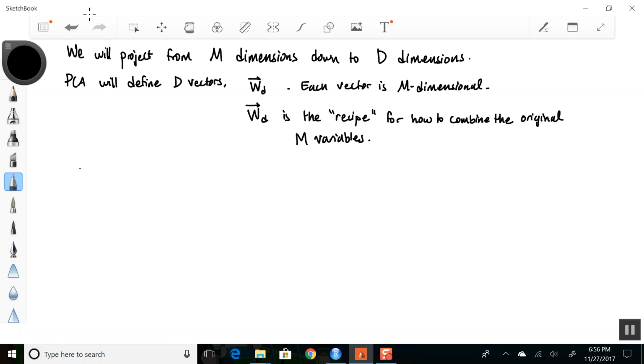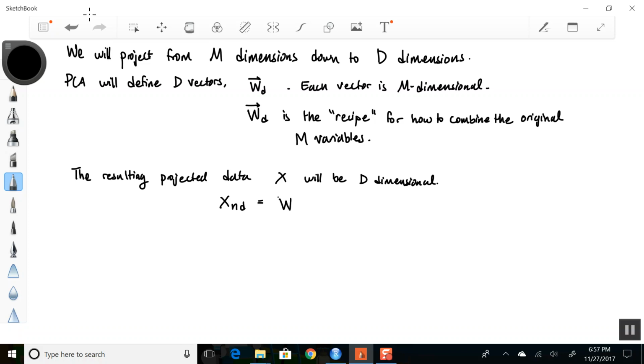All right, and then the resulting projected data, X, will be d-dimensional, and so X_nd will be the dth W transpose times your nth y vector.